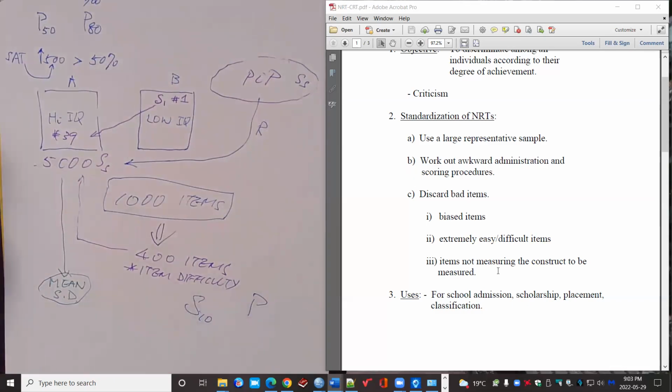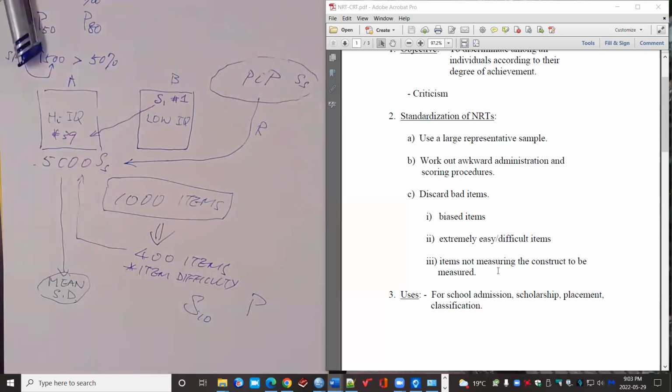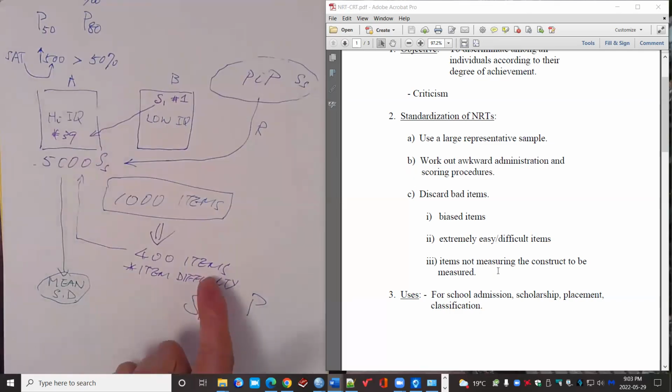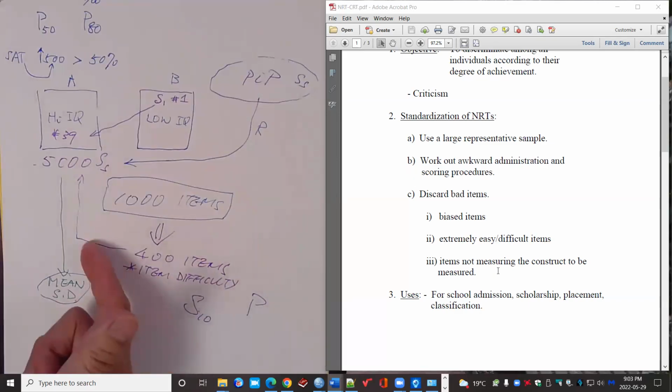This is called norm reference reporting, and this is a norm reference test. Most standardized tests obtain test items like this, apply them to the norm group for the second time, and come up with a lot of statistics to form the norm group.